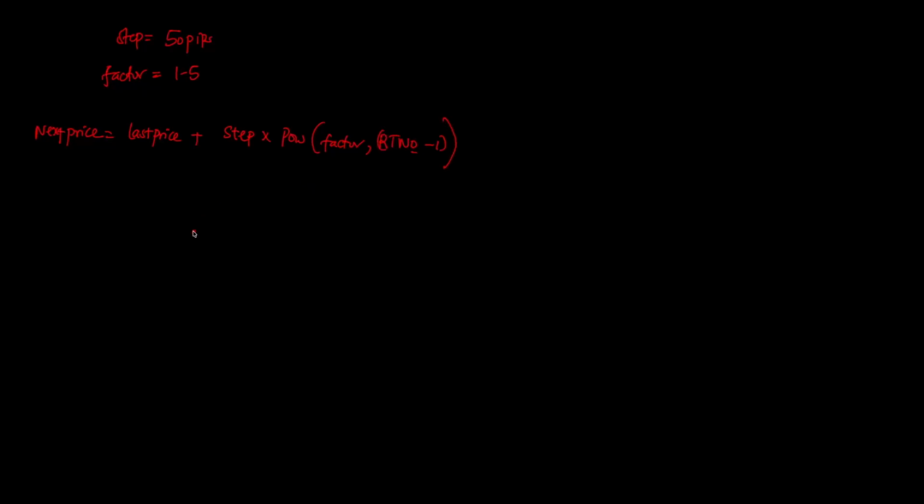Let me just walk you through. If we first deal with this part, it implies that if we have a grid step of 50 pips, we multiply that for the first trade with 1.5, our factor, math.power, essentially the factor to the power of the first recovery trade minus 1.